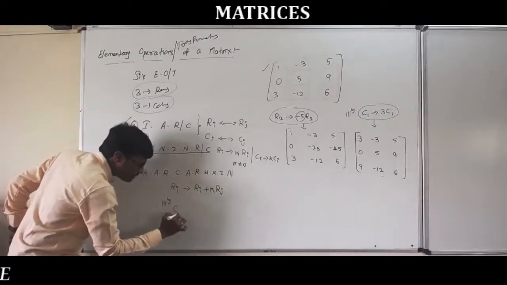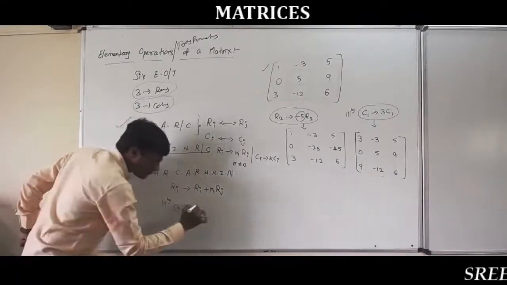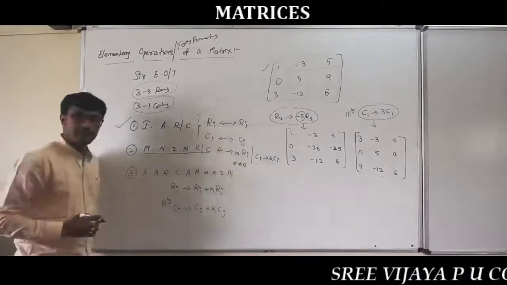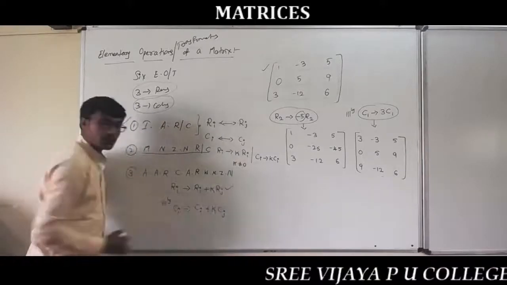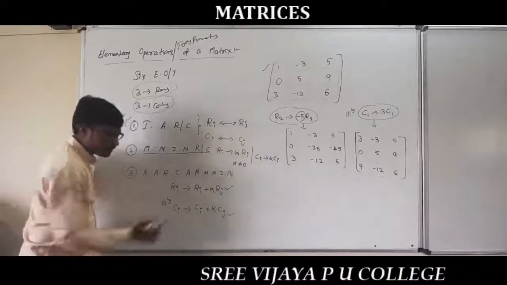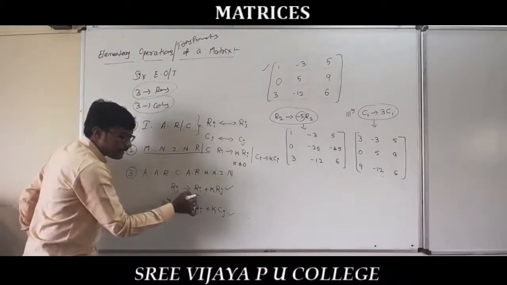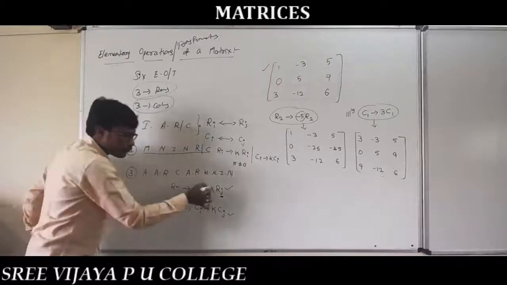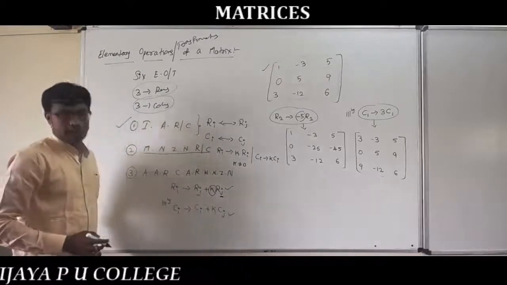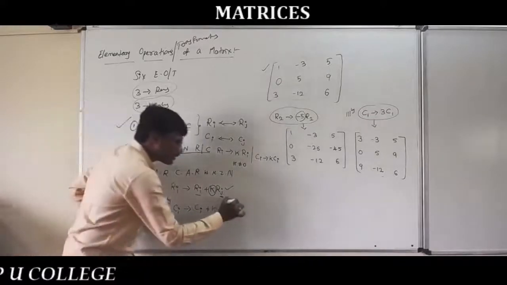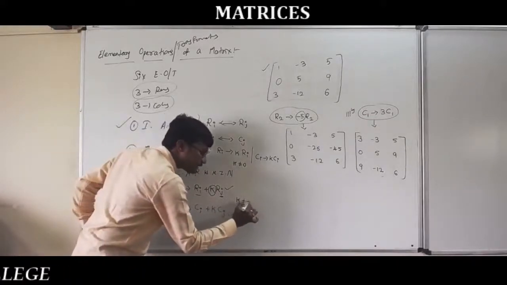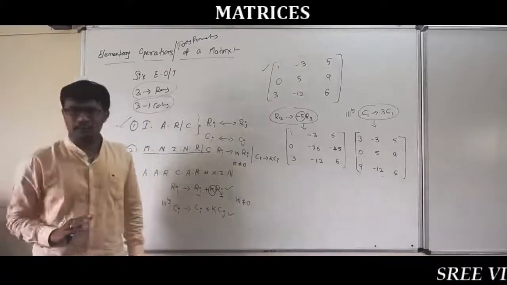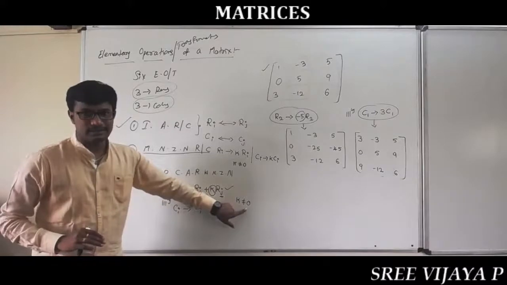Similarly, Ci changes to Ci plus k times Cj. So, this is for rows, this is for columns. Again, non-zero number means you cannot take it as 0. Excluding 0, you can take any other number, no problem.